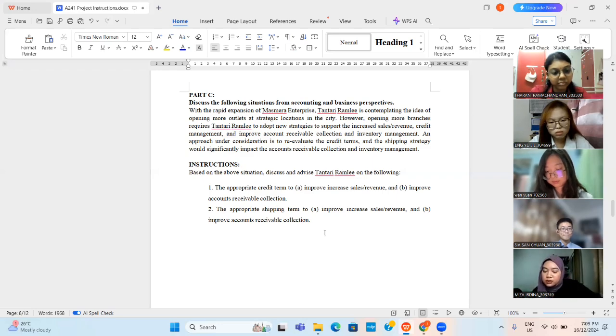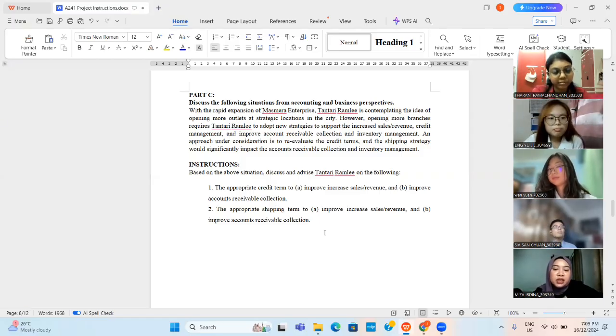For the next one, I would suggest making customers responsible for their delivery costs. For example, a customer with a big delivery, like a 15,000 order, is required to prepay at least 1,000 ringgit for freight. By shifting delivery expenses to the buyer, Tantari could reduce its exposure to delayed payments or non-payment. Lastly, they could implement just-in-time delivery.